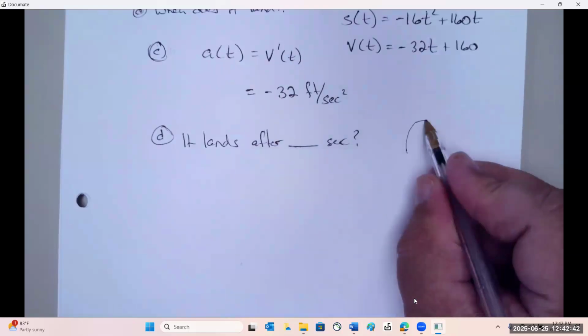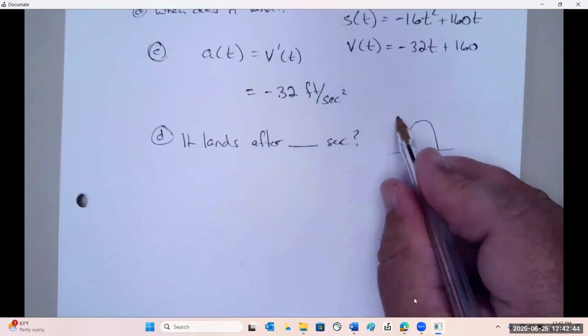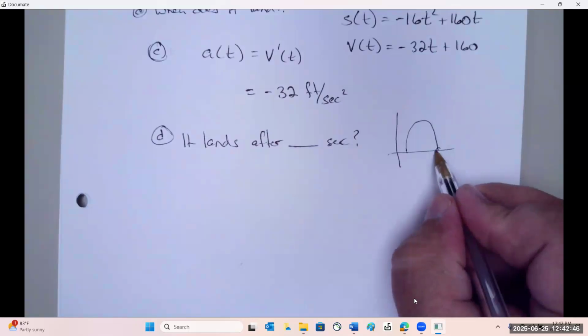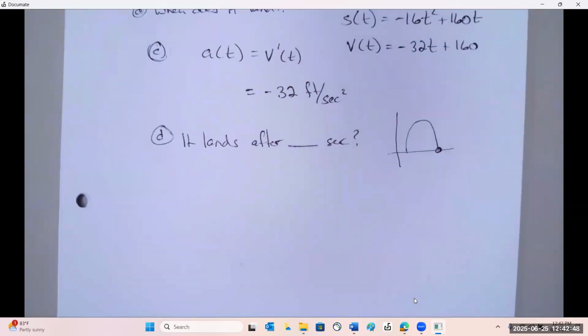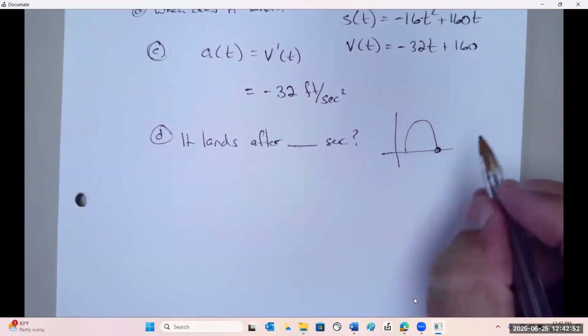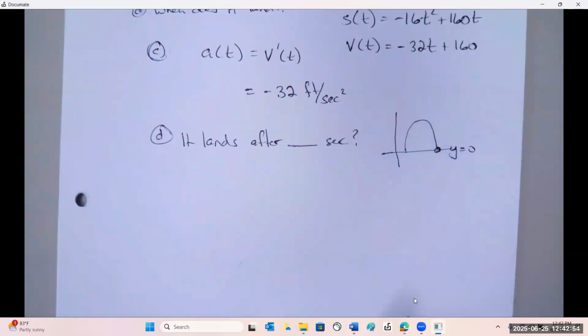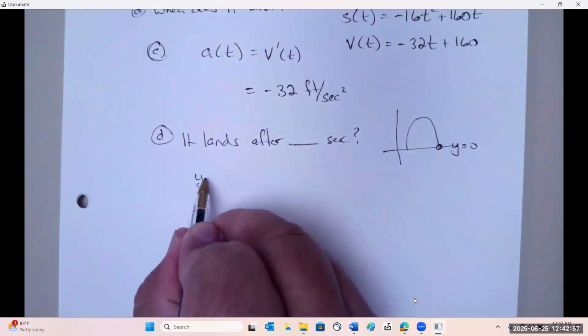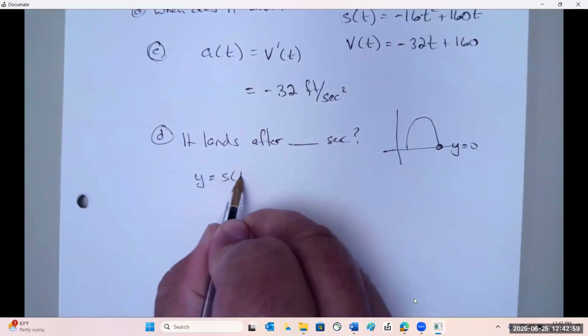So when it lands, what do we know at that point? What? y equals 0. And y is the position function.